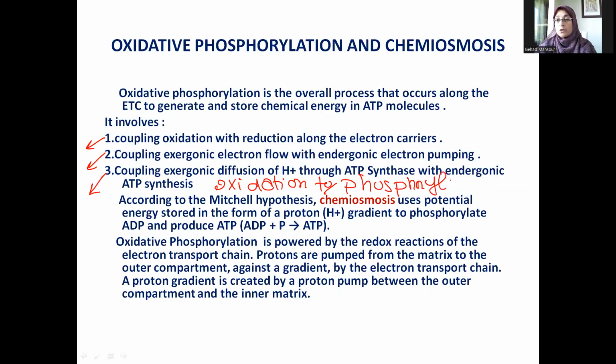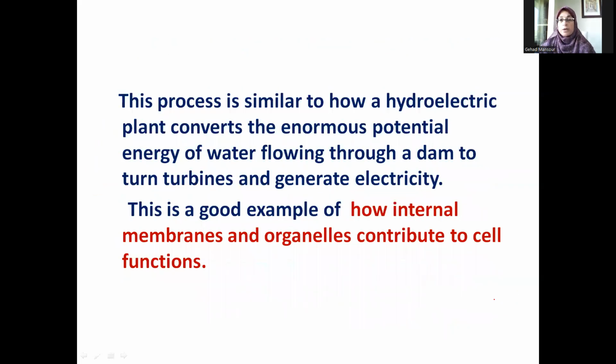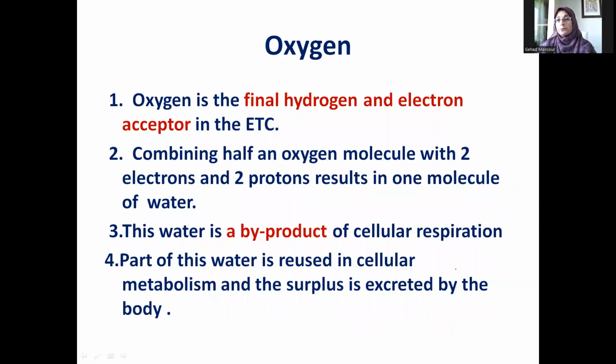And we talked about the concentration gradient, the proton gradient. Proton gradient is an important term that you will be using frequently, okay? Of course, this is an example of how internal membranes are important for the cell.